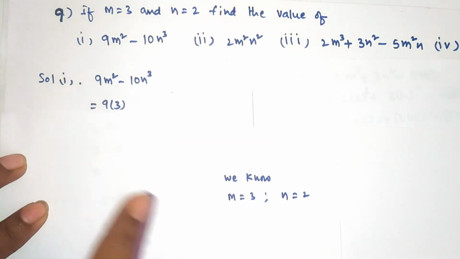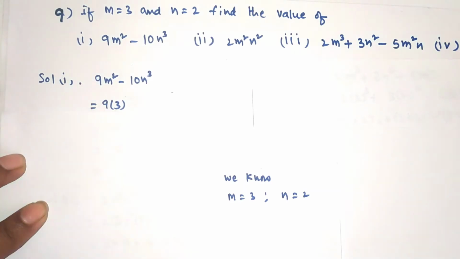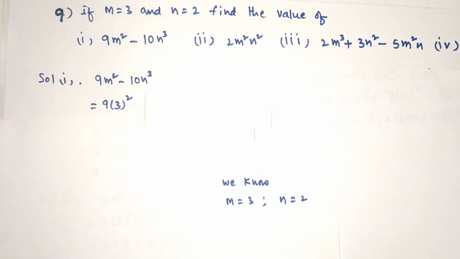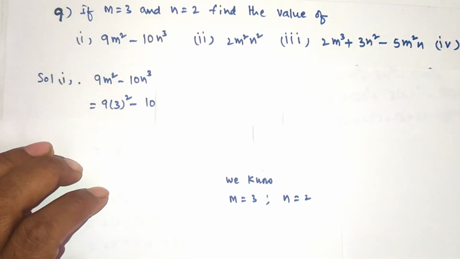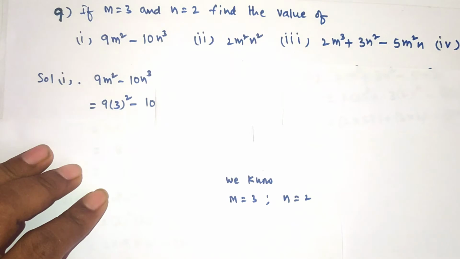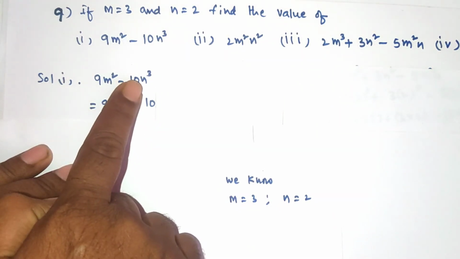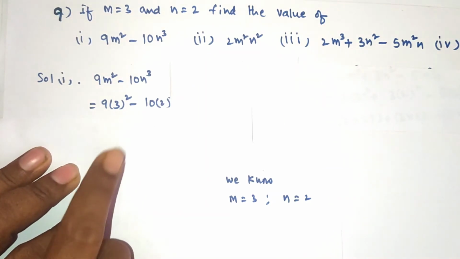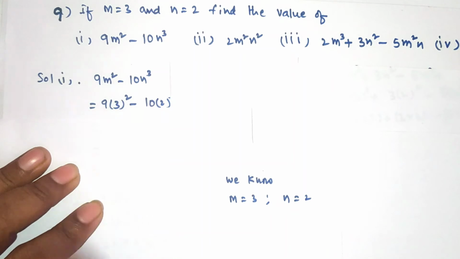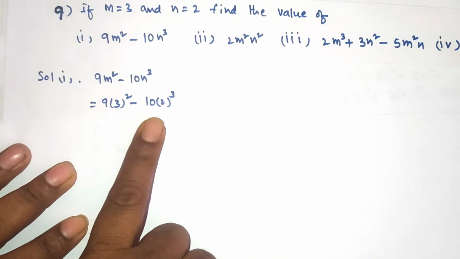Since m is equal to 3, we replaced m with 3 here. Since n is equal to 2, we have to replace n with 2. So we replaced n with 2. Let us simplify this further.